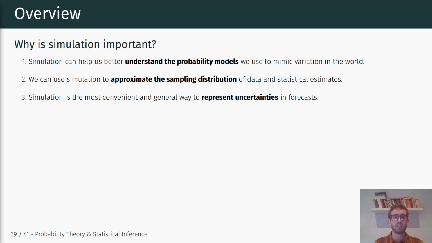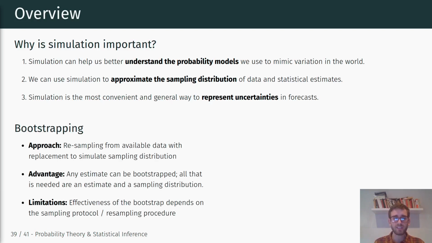So ultimately, simulation is a crucial tool both to understand probability models, to understand the implications of certain model assumptions, to characterize uncertainty by approximating sampling distributions given our assumed data generating process, and ultimately to communicate our results and specifically to communicate uncertainty around the estimates that we're trying to present, for example, in our papers and publications and so on. Okay.